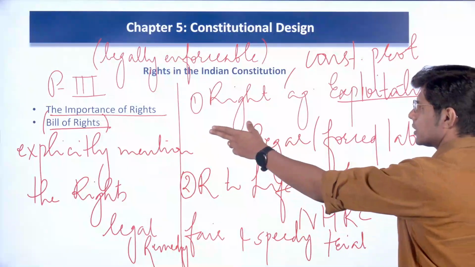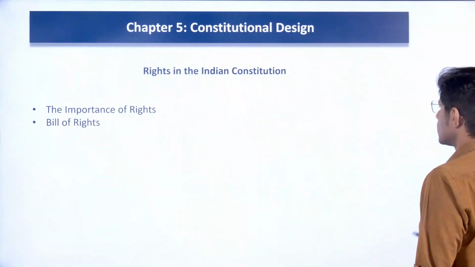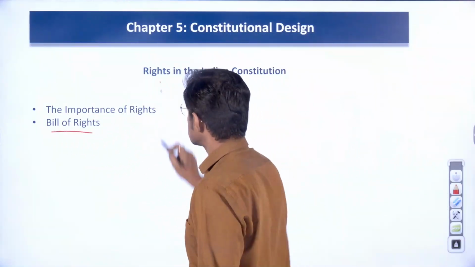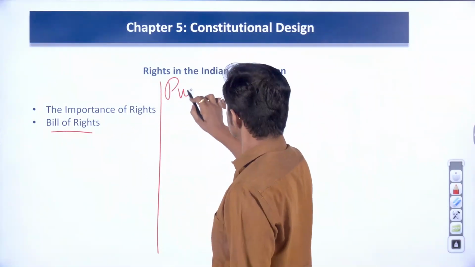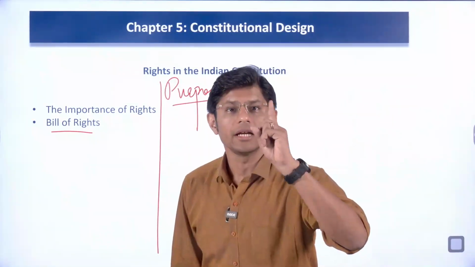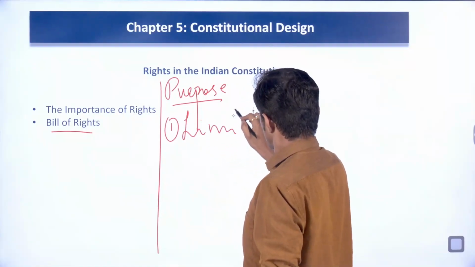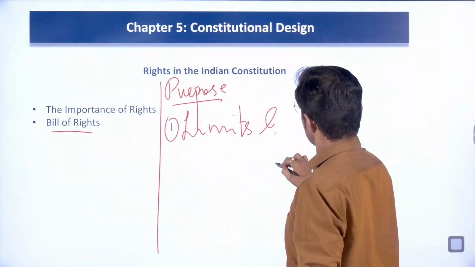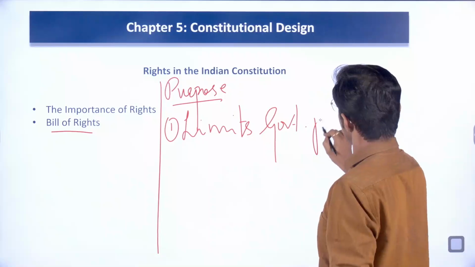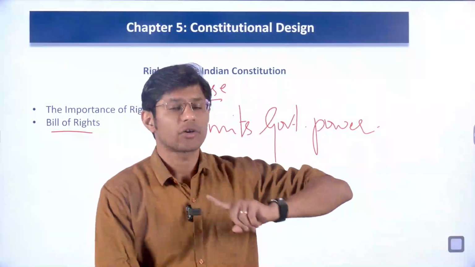So if I talk about the purpose of Bill of Rights, what is the purpose? One, it limits the government power, which means the government cannot take away the rights of the citizens.